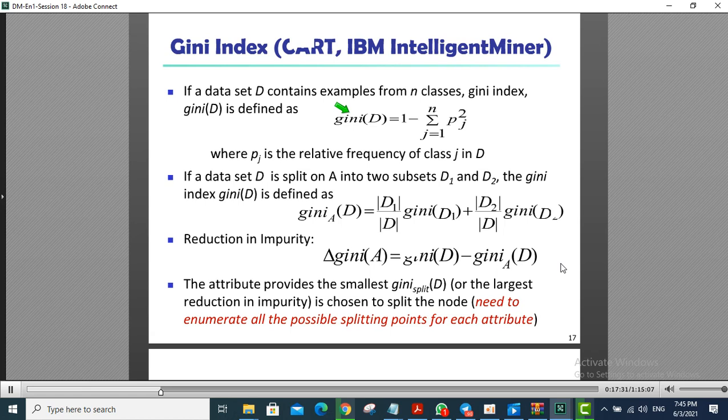Gini of D is equal to 1 minus the summation of p_j to the power of 2, the square of p_j, where p_j is the relative frequency of class j in dataset D. So we can use this measure.